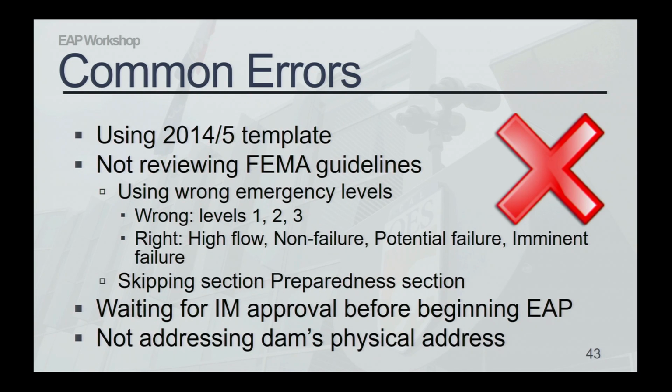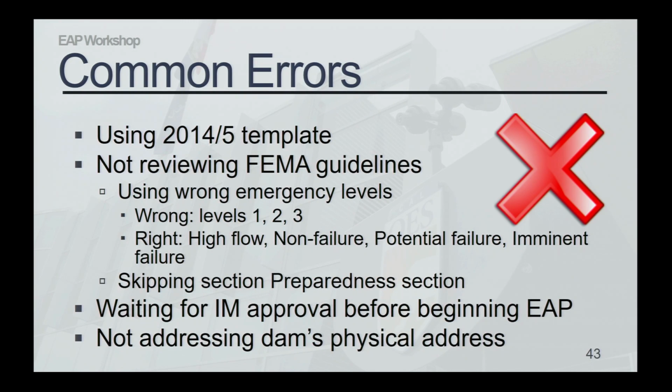Before the 2017 legislation, there was a template based on 2014-15 information, and it doesn't incorporate the latest guidance, and it also doesn't incorporate all the guidance in FEMA P64. So any EAP that we see prepared with this usually goes back with about 32 revisions. So I don't recommend using the old template.